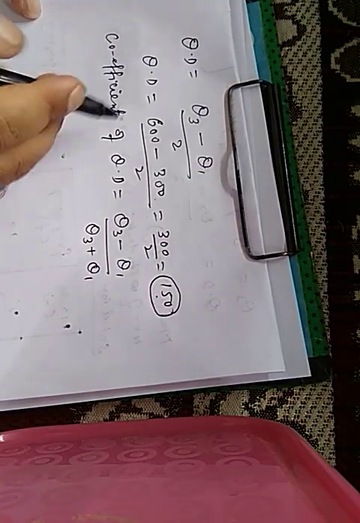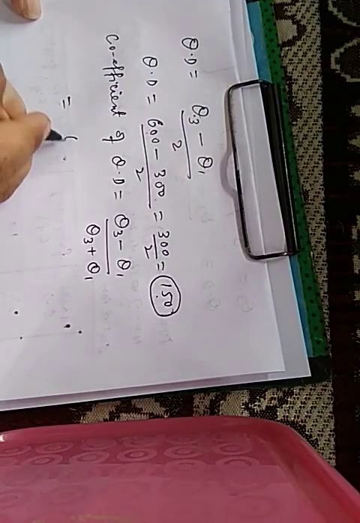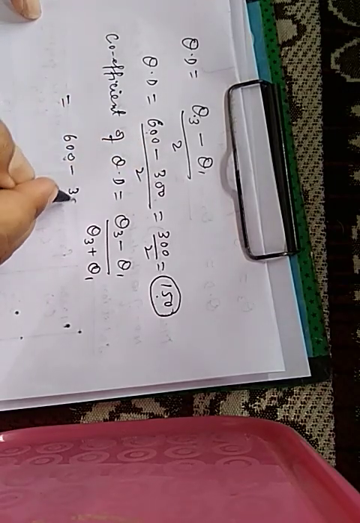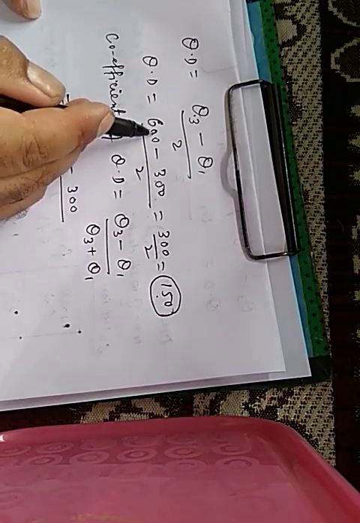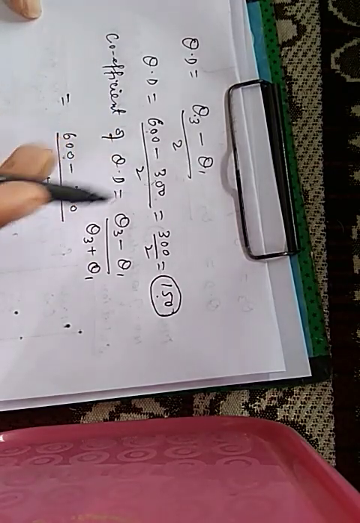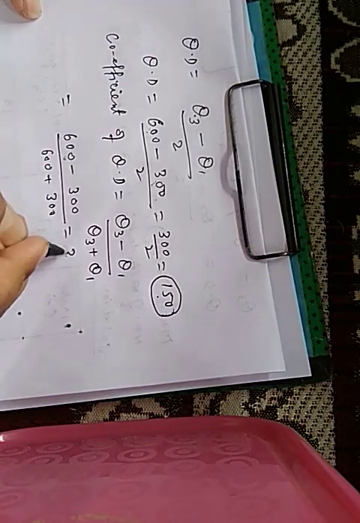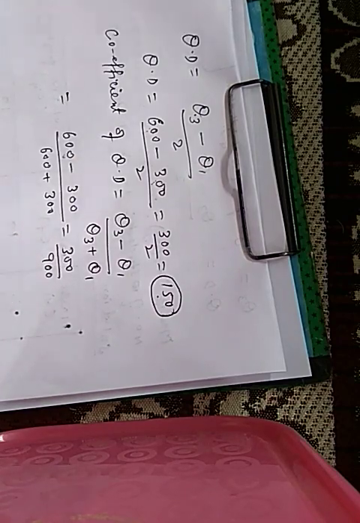It will be equal to 600 minus 300 divided by 600 plus 300, which is 300 divided by 900.